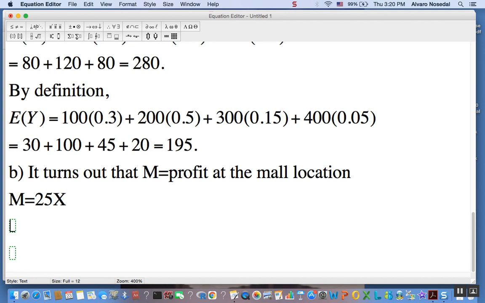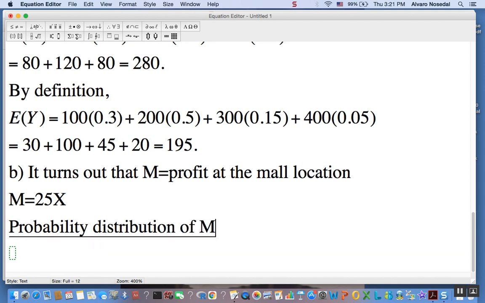But to apply the definition, what we need to find first is the probability distribution of M. By probability distribution, what we mean is either a formula or a table where we have the possible values for the random variable with the corresponding probabilities for those values.